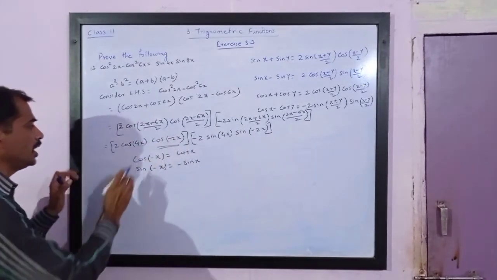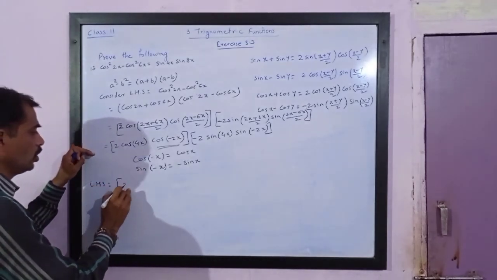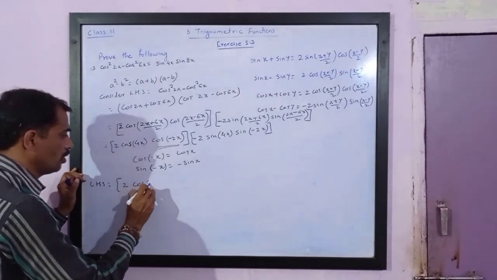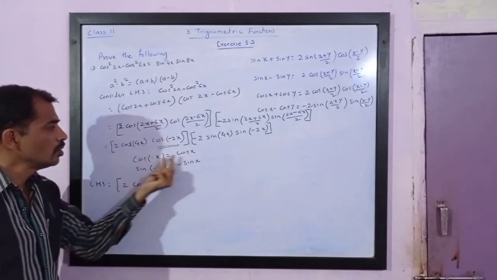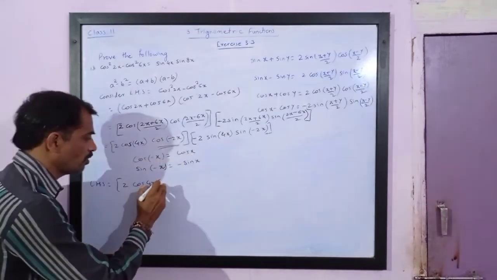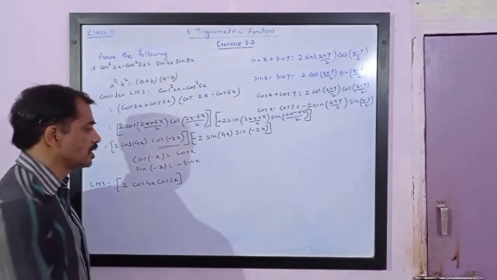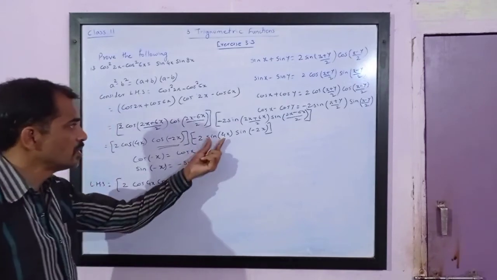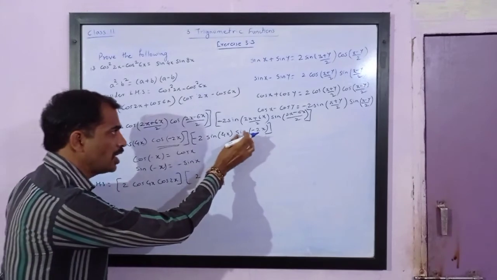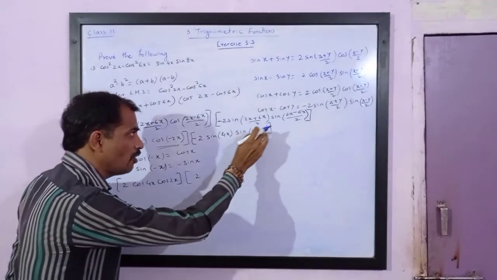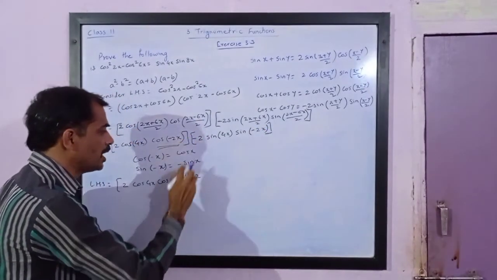Now if we use these two identities, LHS is equal to 2 times cos of 4x into cos of 2x, since cos of negative 2x is cos of 2x. This is our first bracket. Now in the second bracket, see what happens: sin 4x with a minus, and sine of minus 2x becomes minus sine of 2x.